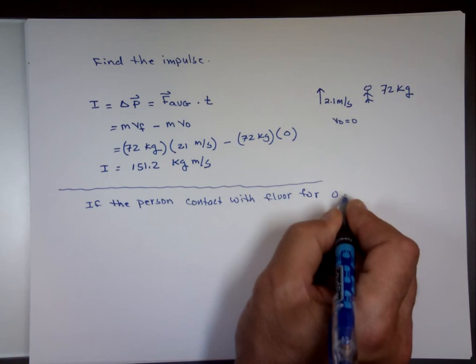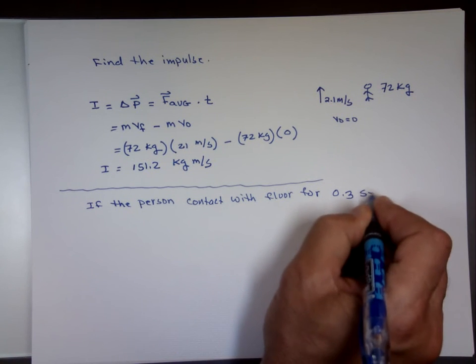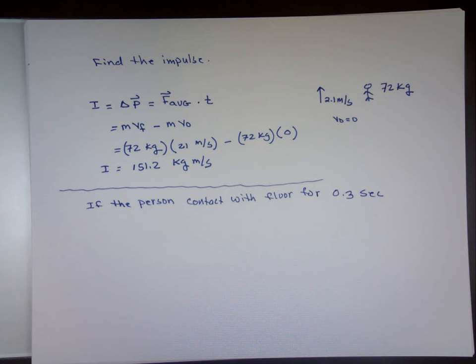They bend their knees and jump. When you jump, you release and your knees become spring-loaded, and you take off. That time was 0.3 seconds. Can you find the average force?